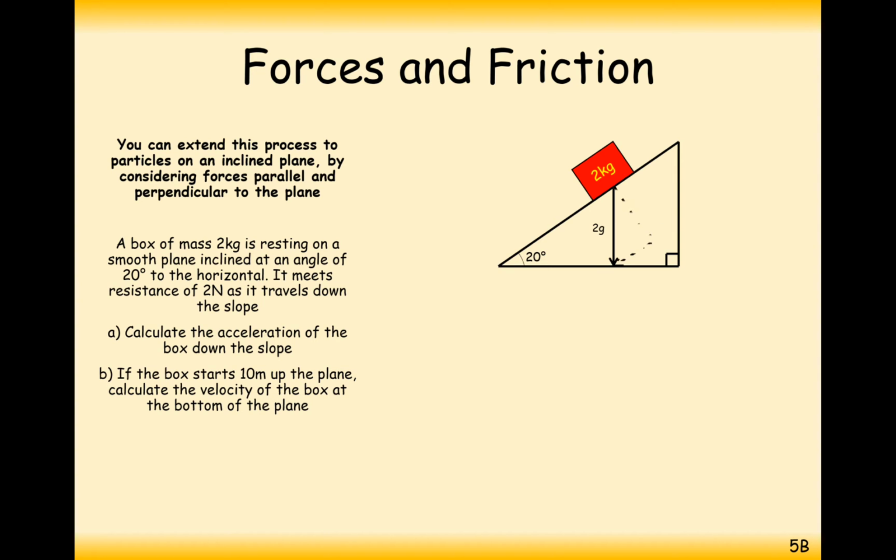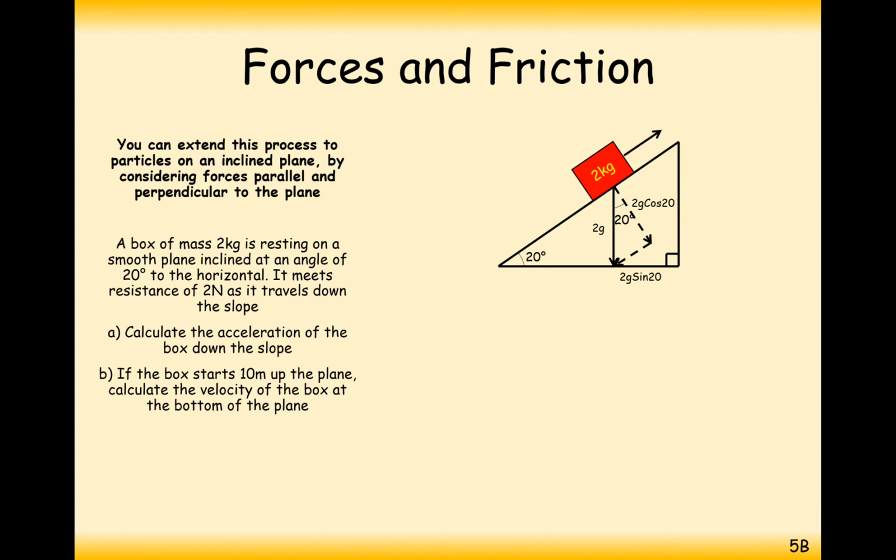We're now going to need to resolve this force to find the force that's pulling the particle down the slope. So we know the 20 degrees pops into the triangle here. Then the resolved forces are going to be 2g cos 20 and 2g sin 20. Cos is adjacent to the angle and sine is opposite the angle.